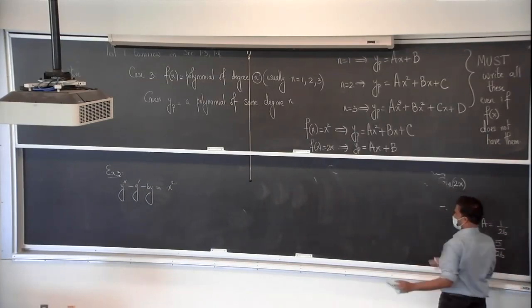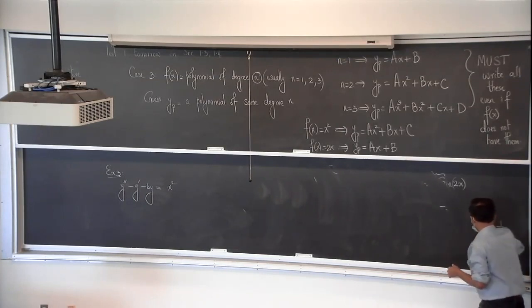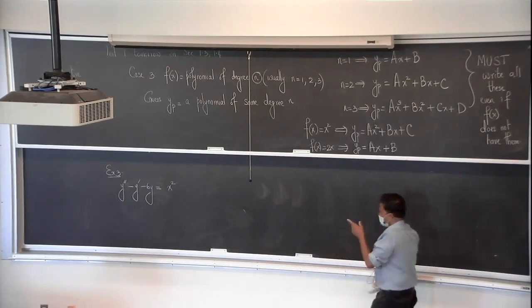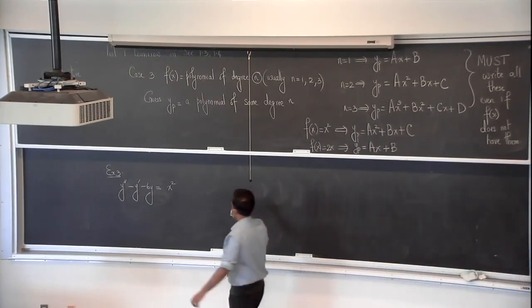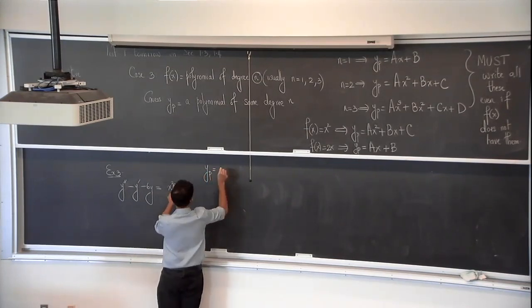So I'm recycling the left-hand side. You don't have to do the homogeneous solution over and over because we did this for example 1. It's the same thing. So let's just focus on yp. Polynomial of degree 2. General polynomial is ax squared plus bx plus c.